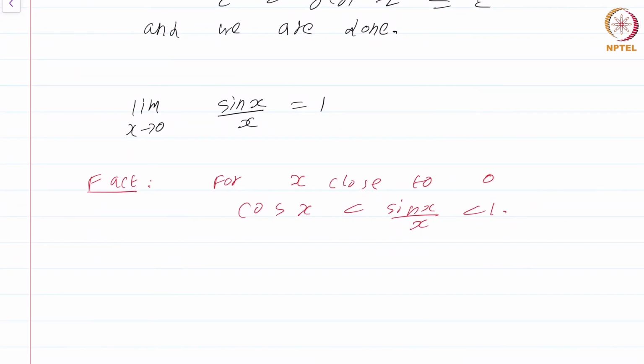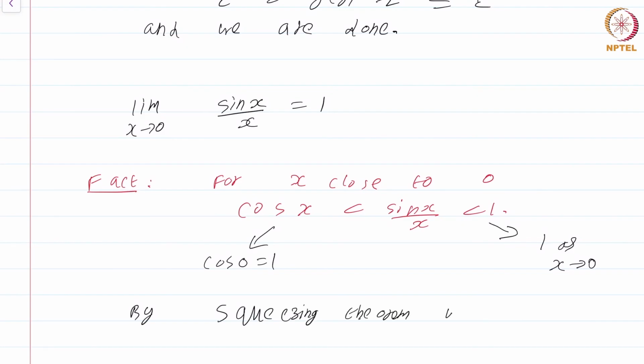Now because of this, notice that the right hand side is a constant function. This converges to 1 as x goes to 0. And cos x is a continuous function, that's another fact that you know, and cos 0 is 1. Therefore, by the squeeze theorem, we are done. So this is a short proof. Of course, all the heavy lifting has been shoved under the carpet and left for a later time. But once we do that, this is fairly straightforward.